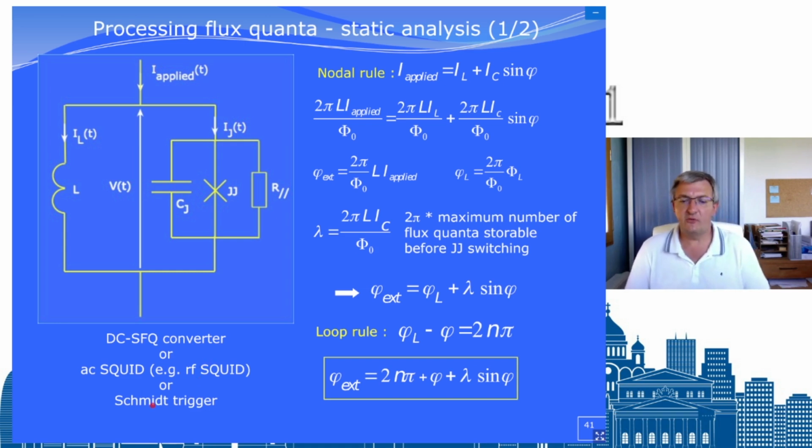In electronics, you will call that a Schmitt trigger. In digital electronics, we call it a DC to SFQ converter, because when you apply a DC value or slowly varying quantity, you get a very fast pulse. SFQ, single flux quantum.